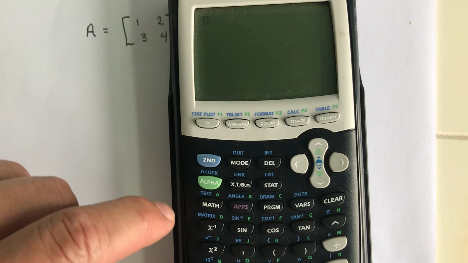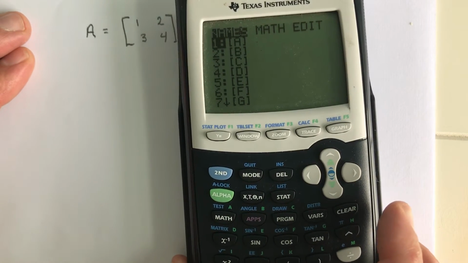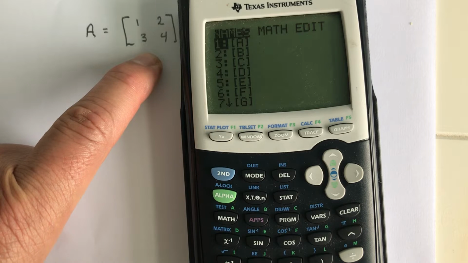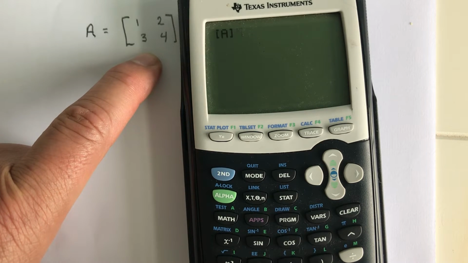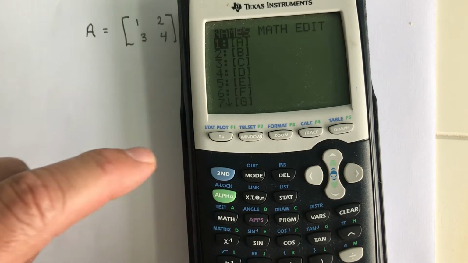If you hit second matrix, it'll say A, B, C, D, E, and you can name all of these. And you notice I have a 2 by 2 going right here. I'm sorry, let's get back to it. So it's matrix.